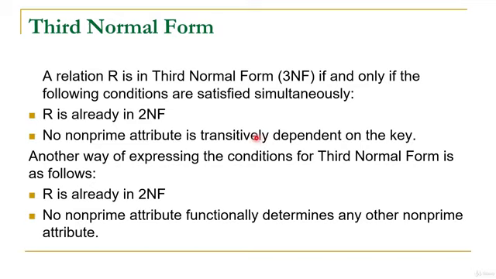In order to understand transitive dependence further, we can define third normal form in another simplified way. A relation is in third normal form if and only if it is in second normal form, and no non-prime attribute functionally determines any other non-prime attribute, because this condition provides the same information as transitive dependence.